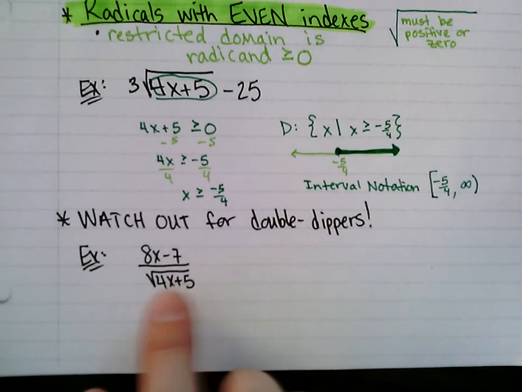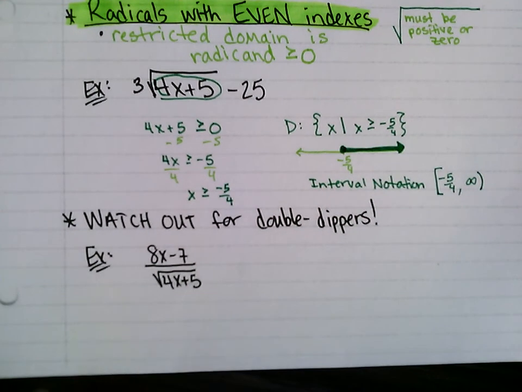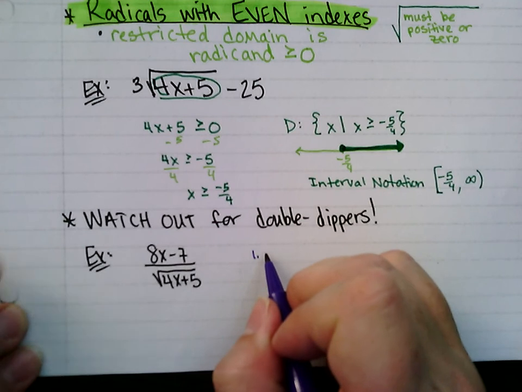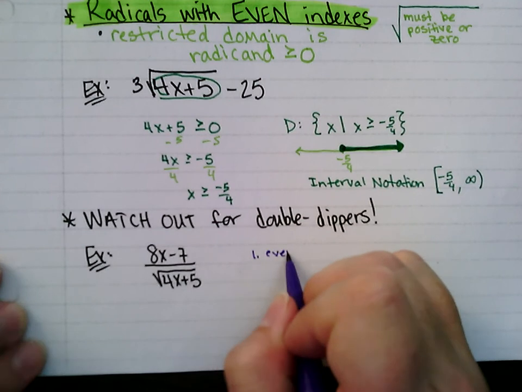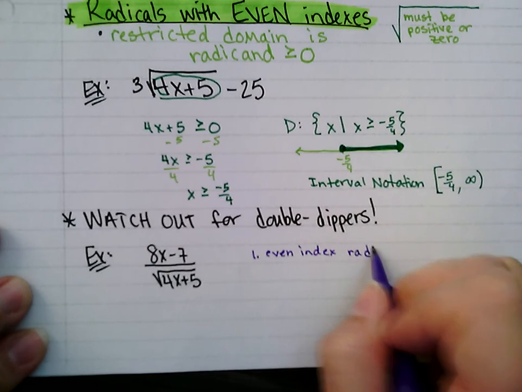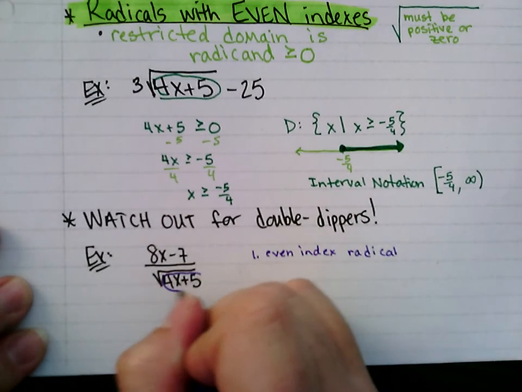Then we sometimes have things that double up. So we want to watch out for those double dippers. Here's what I mean by that. This problem right here has 2 domain restrictions. One, it has an even index radical. So here's my radical.